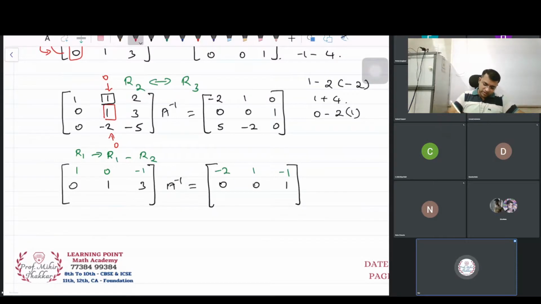Now next thing over here is that, guys, you have to convert this element into 0. Can anybody give it a try? Come on, it's okay. You should give it a try. If it's wrong, I'll help you. R3 minus. Perfect.